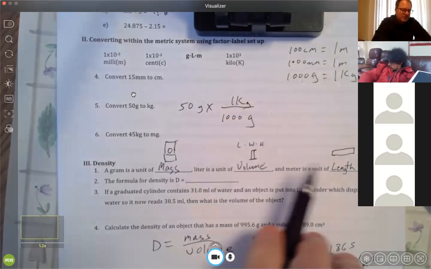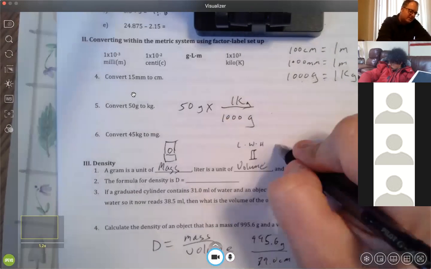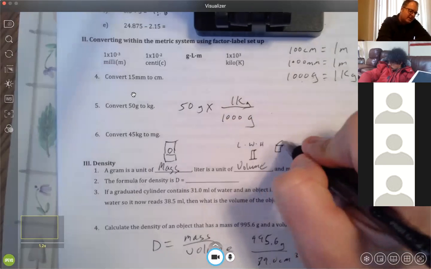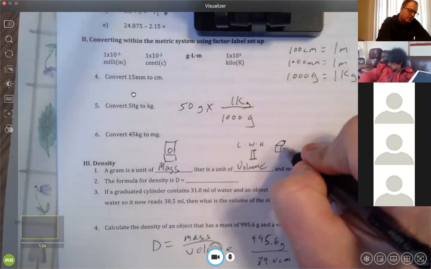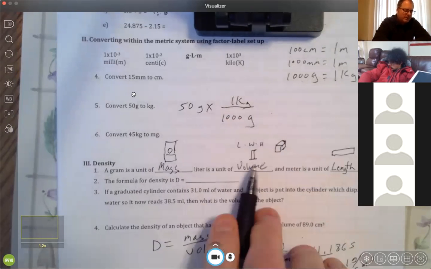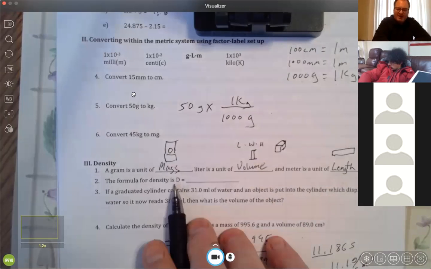These can be all direct measurements. Length times width times height, for example, a centimeter by a centimeter by a centimeter. That would be known as a centimeter cubed. You could length times width times height it, or you could measure it directly with a graduated cylinder. We don't have a densometer or something like that.